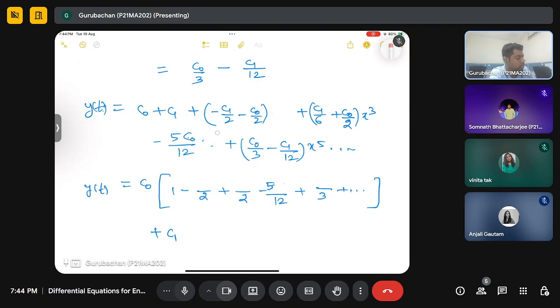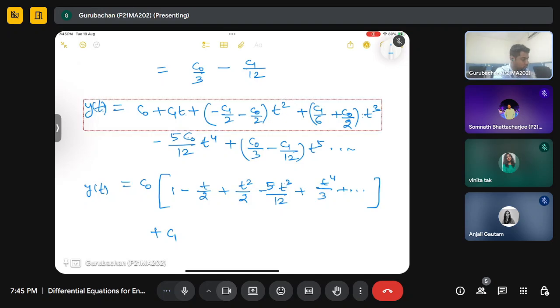So this will be t, this will be t square, t cube, t to the power 4, t to the power 5.